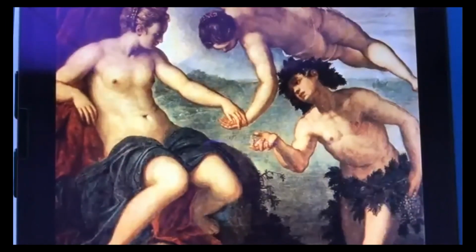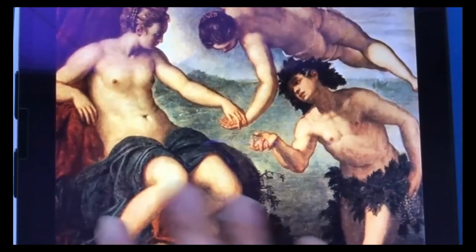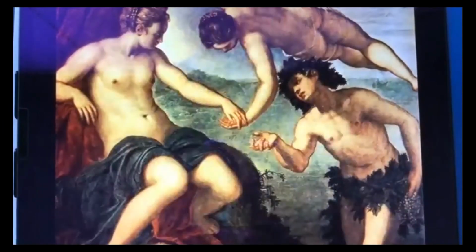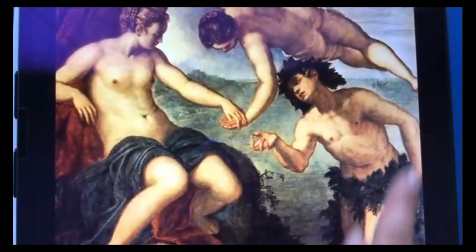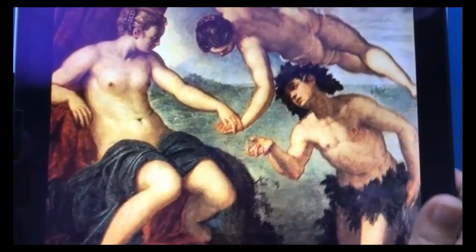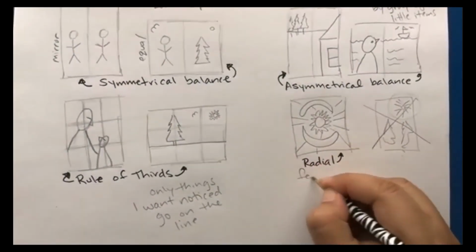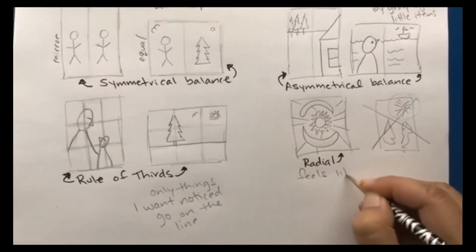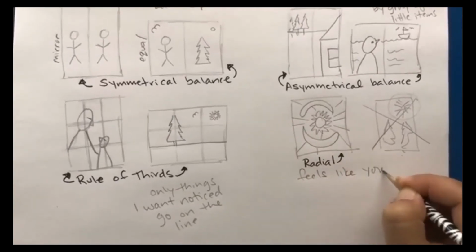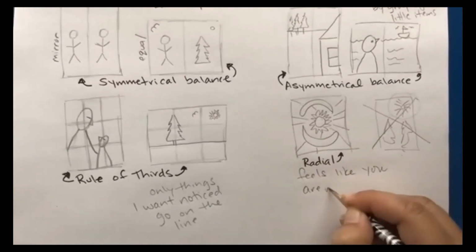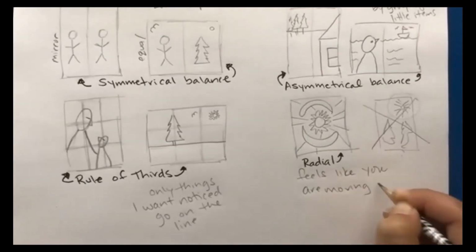It's the fact that they're all rotating in one big circle. Yeah, so remember radial gives us that circle, like we're moving around in a circle. So let's add that to our notes here. It feels like you are moving in a circle.